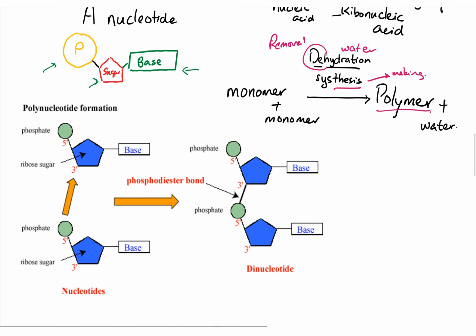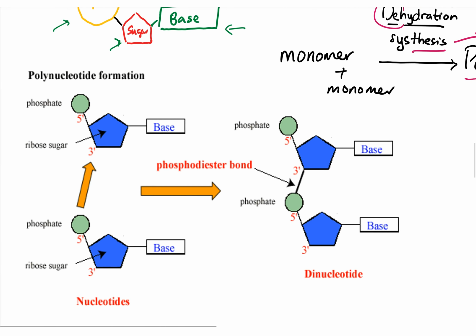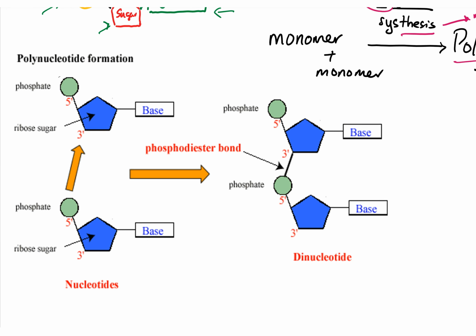Here is going to be the same. In order to make a polymer, which is our DNA, we're going to use at least 2 nucleotides here. Here you can see that there's the phosphate group, the ribose sugar, so we're going to make an RNA here because it is ribose. So 2 ribonucleotides connected, right?